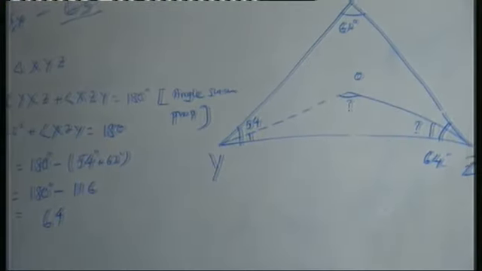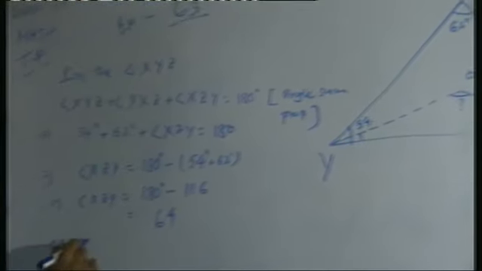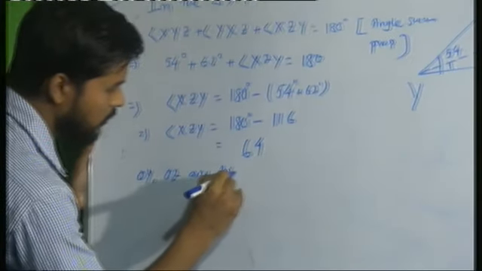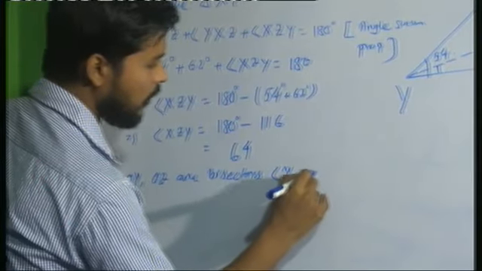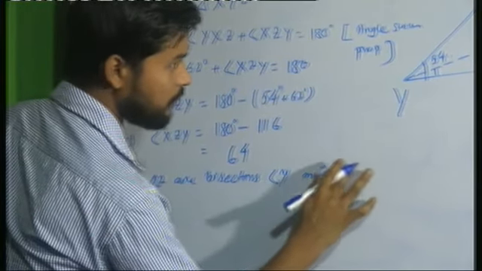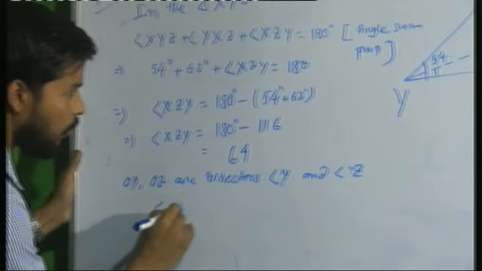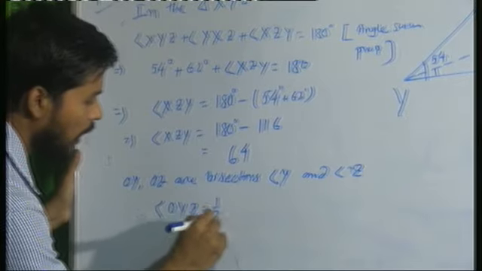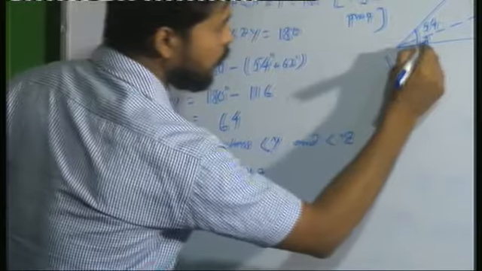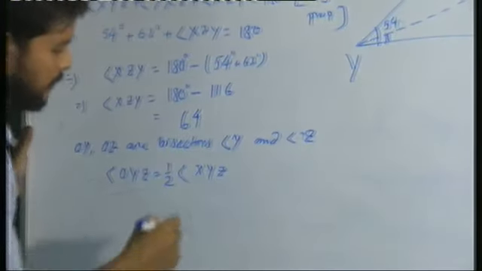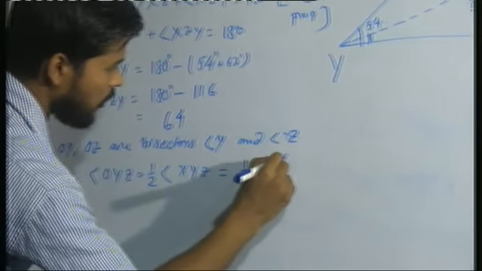Now look, OY and OZ are the bisectors of angle Y and Z. Since OY and OZ are bisectors of angle Y and angle Z, therefore angle OYZ will be half of angle XYZ, meaning this angle will be half of this angle. So that is equal to half into 54 degrees.